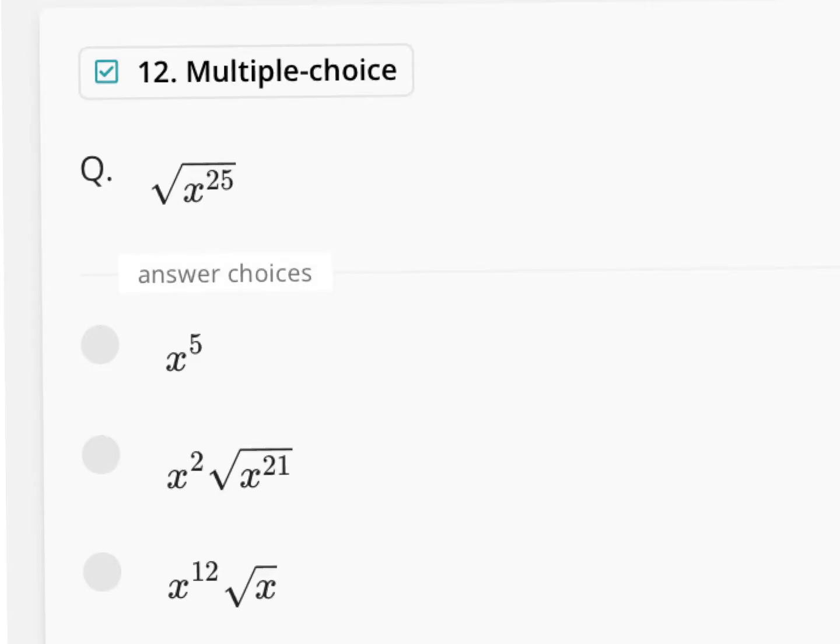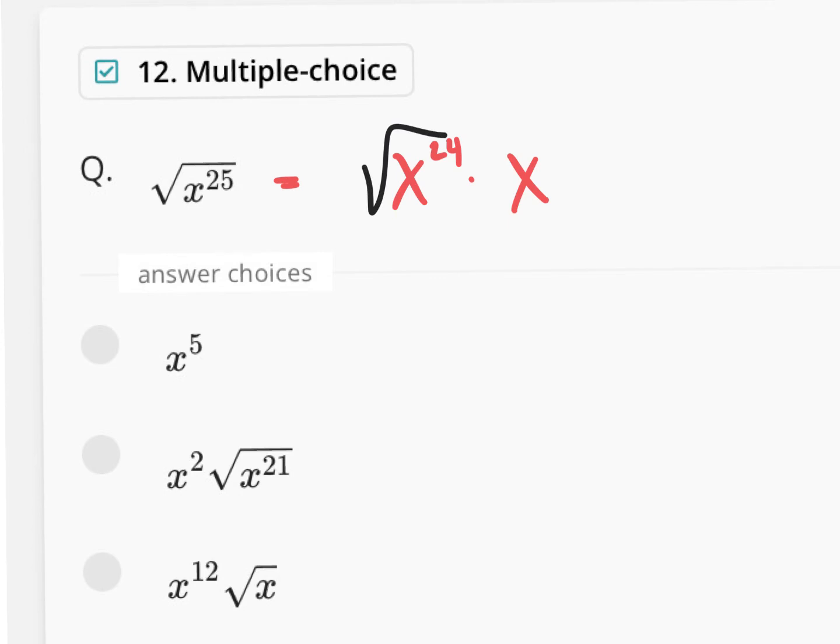Now, not all of them will work out that great. This one right here, you have the square root of x to the 25th. We do not want an odd power. We want an even power because a square root is really the power of 1/2. So if you have x to the 25th in here, 25 times 1/2 doesn't work out that great. So what's a better thing to do? Instead of jumping right into that, we're going to rewrite x to the 25th as x to the 24th times another x, okay?